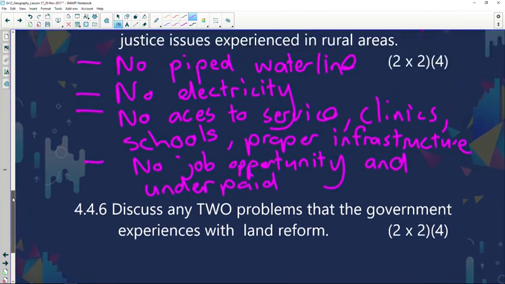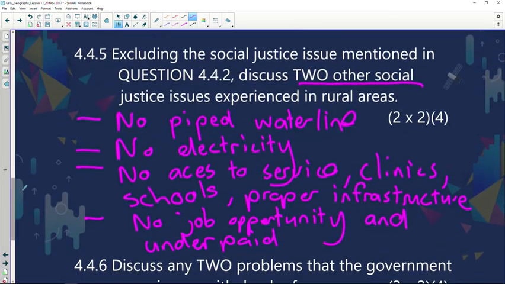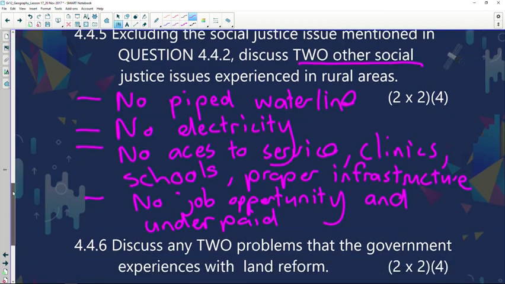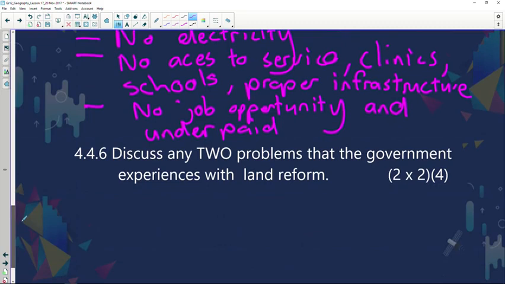Okay, so that's quite a few factors. There's also, if you look at the social justice system in South Africa, that doesn't actually help the people in the rural areas.